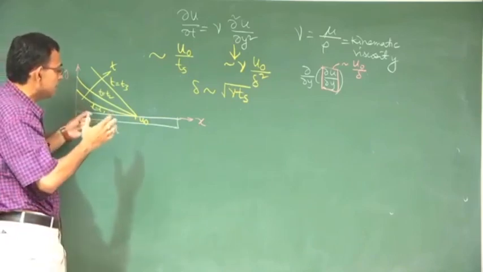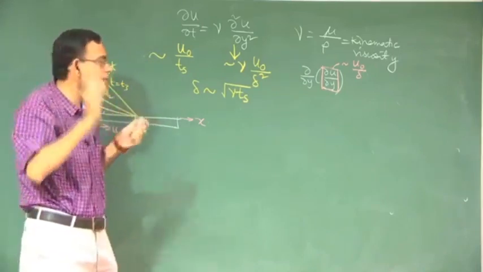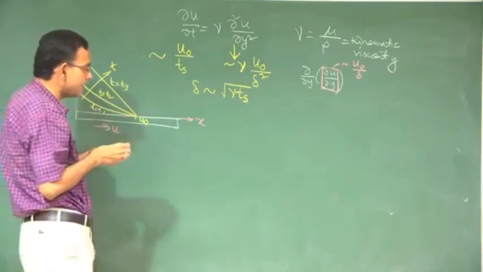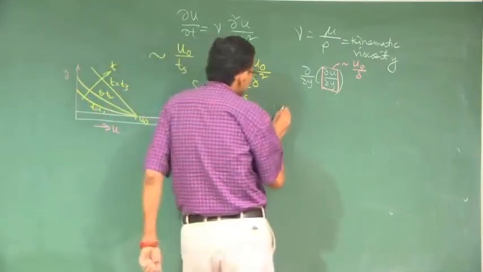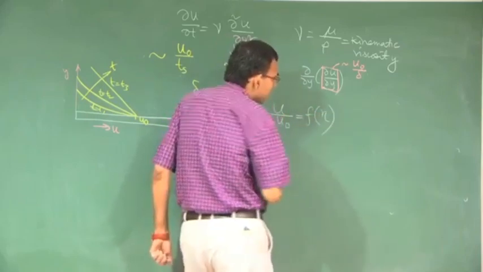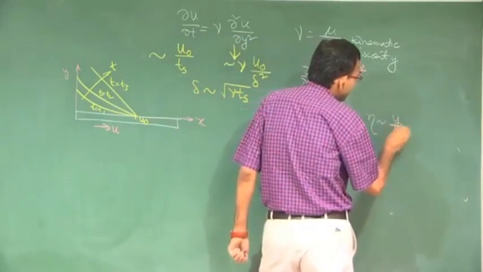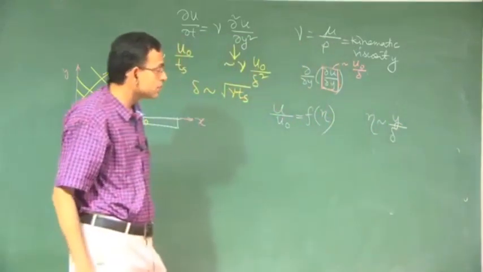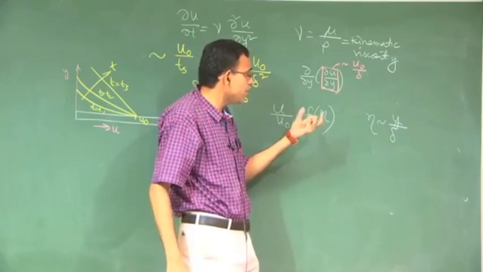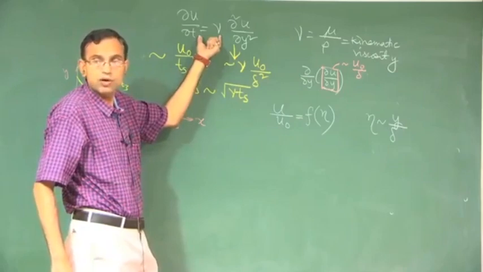However, you can collapse all these data in the form of a single variable if you try to understand the similarities of these. What is the similarity? The similarity is that u by u0 is a function of a single variable eta, where eta scales with y by delta. This is your expectation, and this expectation will be true if you can convert this partial differential equation into an ordinary differential equation.